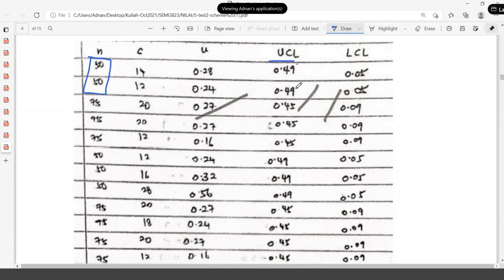N50, this control limit is 4.49. When N is increasing to 75, this value reduces from 4.49 to 0.45. Maknanya smaller lah. So jadi kalau kita make it 30, this value will increase. So bigger control limit. So that question is testing understanding lah.